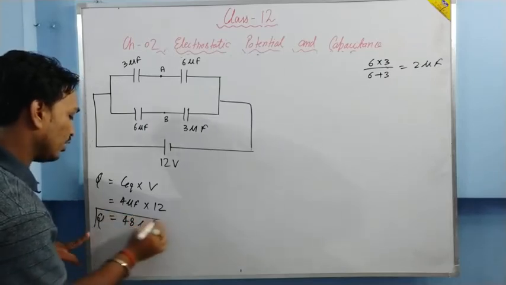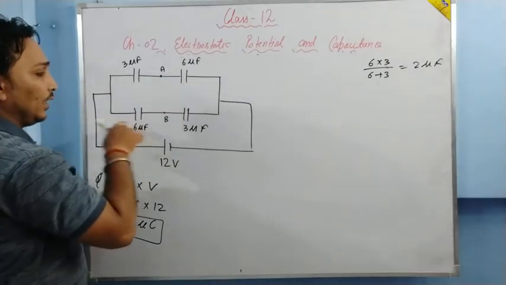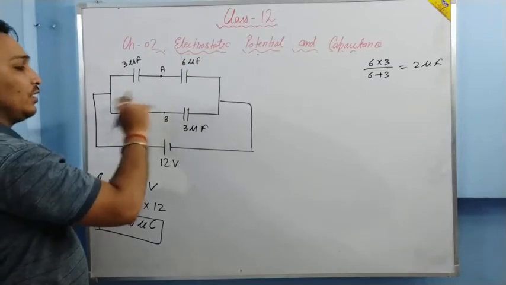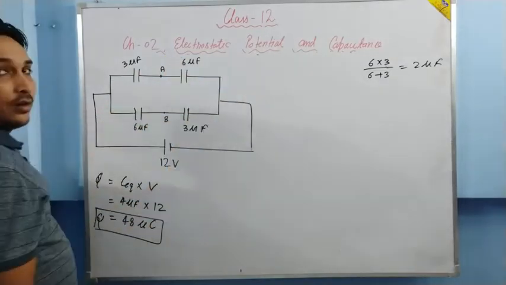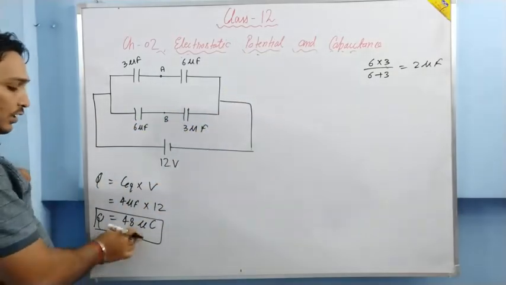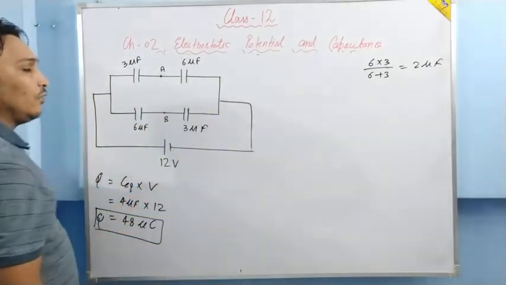This is the total charge. Now this total charge will be divided in this branch and in this branch. But just see, the equivalent capacitance of this branch and this branch is equal, 2 microfarad each. So the charge will be divided equally.